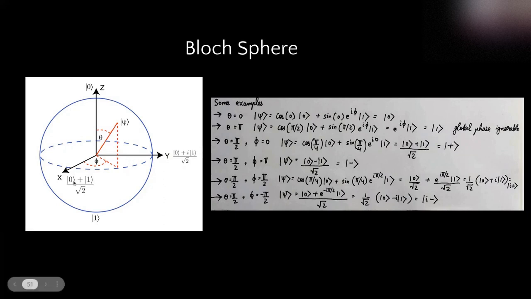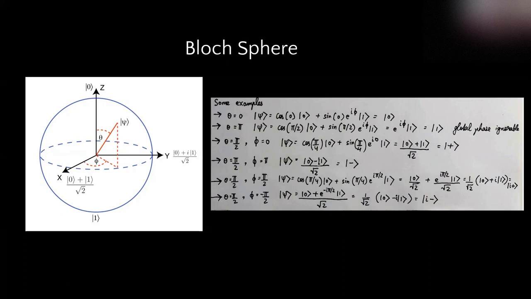Now, if we take again theta equals pi by 2, meaning this is 90 degrees, it lies somewhere on this circle. And we take phi to be pi, so it means it's in the opposite direction of x. And again, putting the values, we get something like this. Again, the probability of it being in ket 0 and ket 1 state is 50-50.